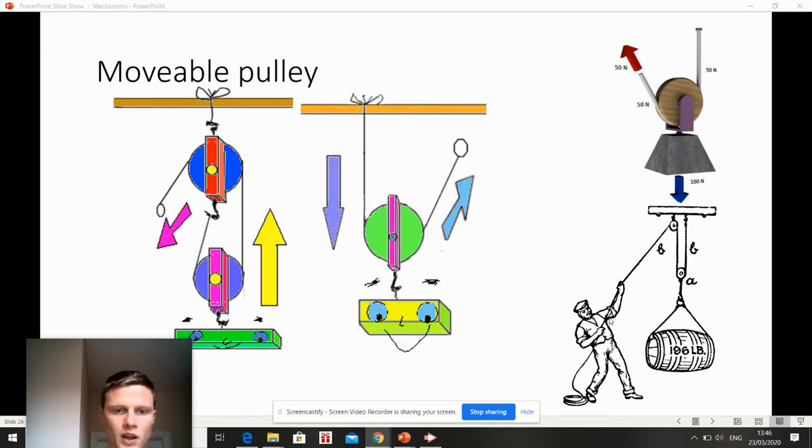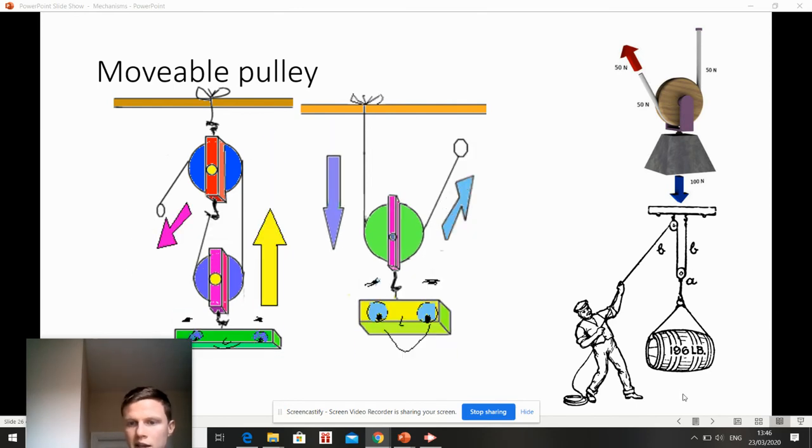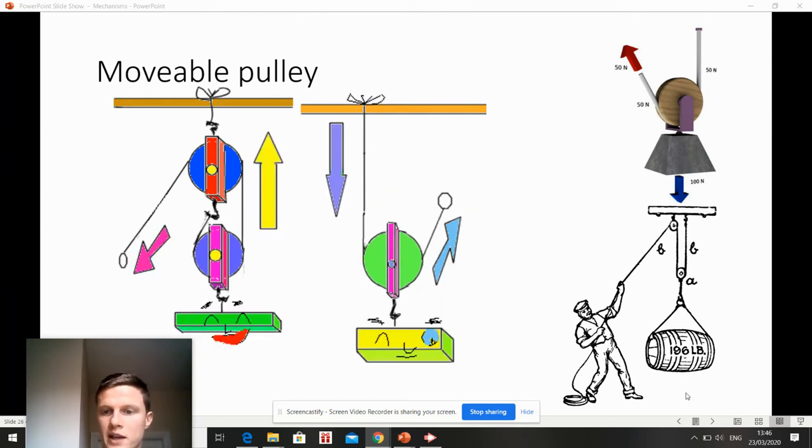Now, to gain that mechanical advantage, he has to pull extra rope. So if you needed to raise this by 1 meter, because the mechanical advantage is 2, you're going to have to pull 2 meters of rope.